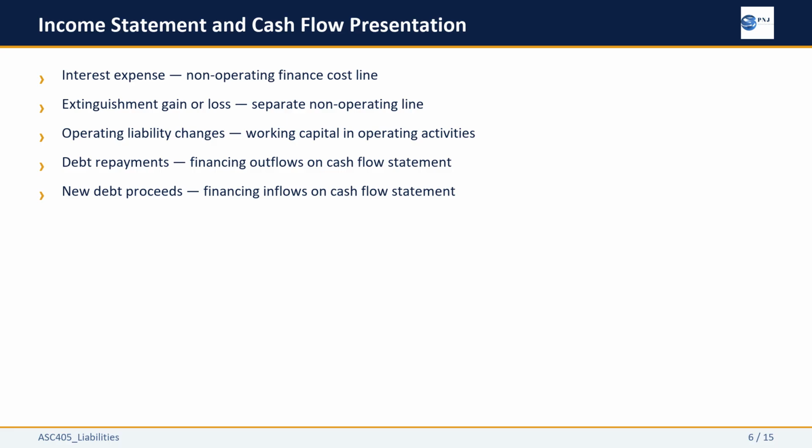Changes in operating liabilities like accounts payable, accruals, and deferred revenue flow through working capital adjustments in operating activities. But borrowing new debt is a financing inflow, and repaying principal is a financing outflow. The operating versus financing split matters enormously for anyone reading your cash flow statement to understand how the business generates cash.